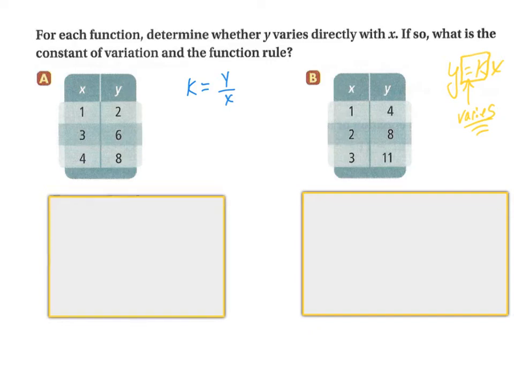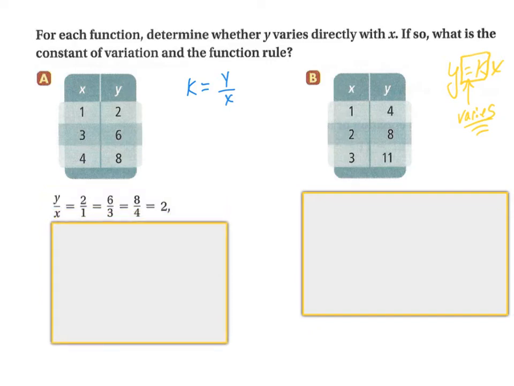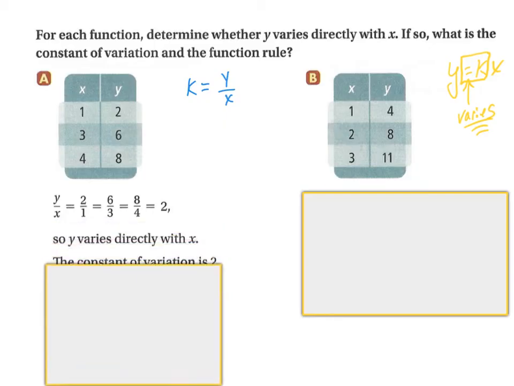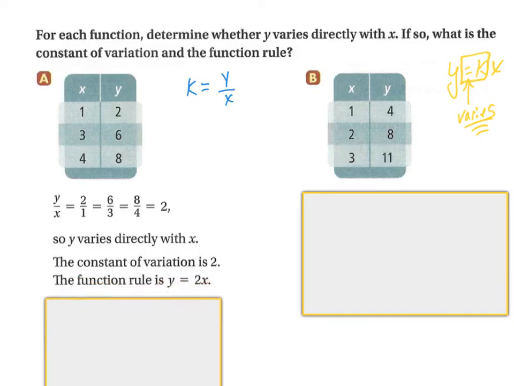So let's go ahead and look at that. 2 over 1, 6 over 3, and 8 over 4 are all 2. So we would say that y varies directly as x, and the constant of variation is 2. So we could write out the rule for the function of y equals 2x, because k was 2.